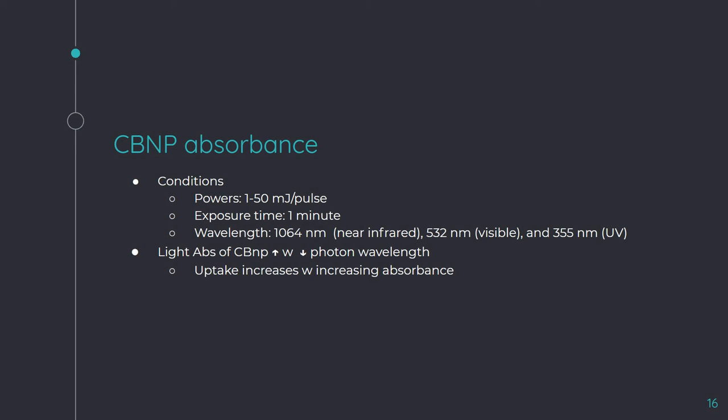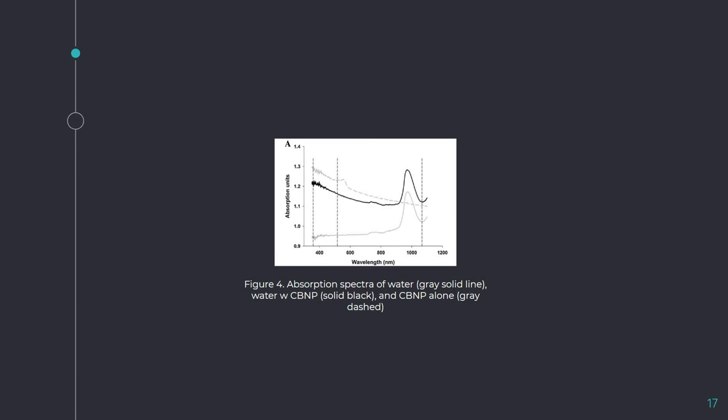Decreasing photon wavelength was found to increase the light absorbance of carbon black nanoparticles. Given that absorbance is directly linked with intracellular uptake, this would increase uptake as well, as this figure shows. The wavelengths measured were 1064 nanometers, 532 nanometers, and 355 nanometers.